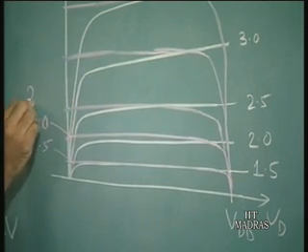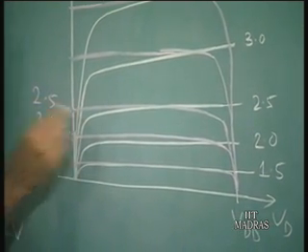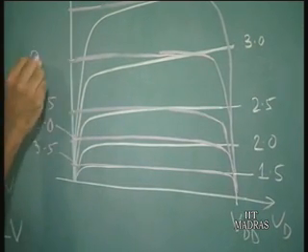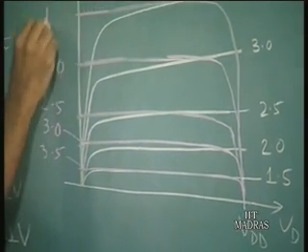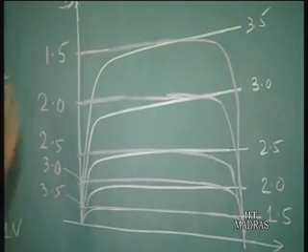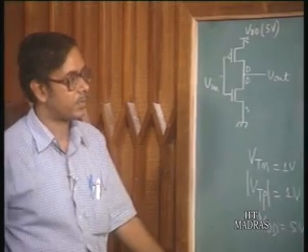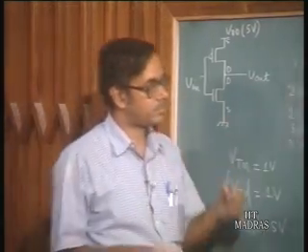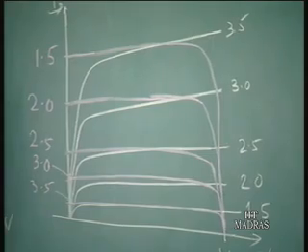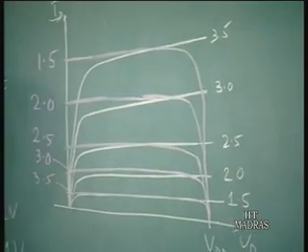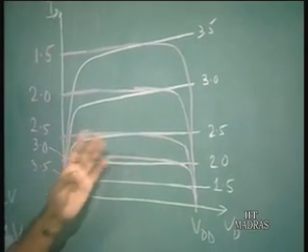So, this is 3, then the next characteristic curve here is for 2.5 volts, next curve will be for 2 volts, next curve will be for 1.5 volts and so on. Okay. Now, these are the different curves. Now, the operating point is going to be basically the intersection of these two curves.